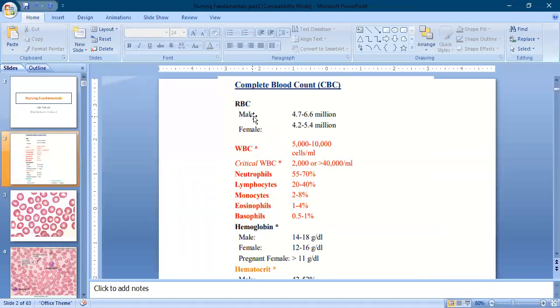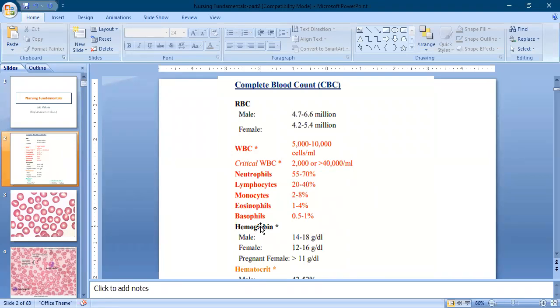If the hemoglobin level is less than normal, the patient develops anemia. Red blood cell basically contains iron and hemoglobin. Hemoglobin is basically a protein molecule, right?